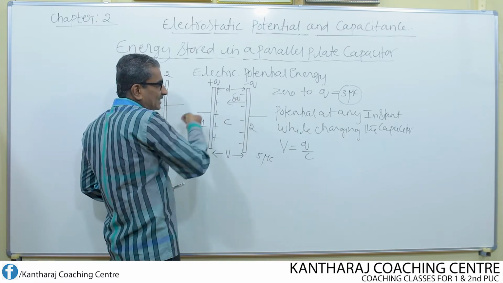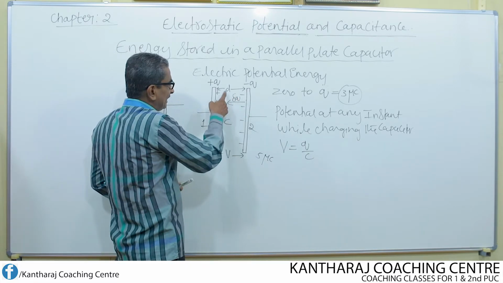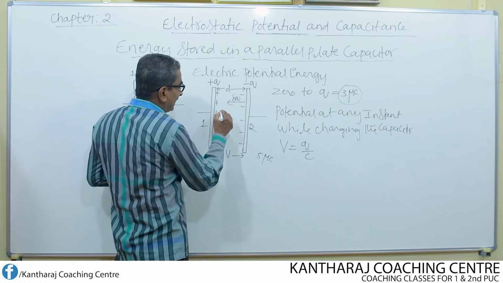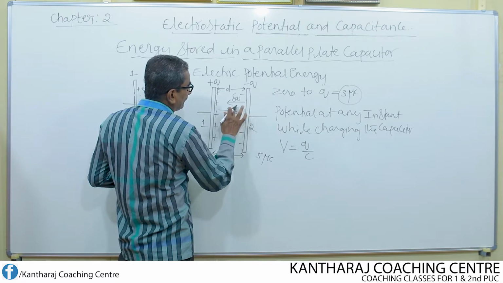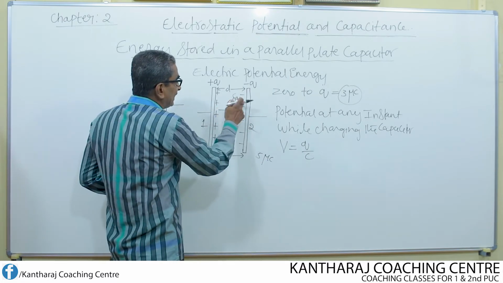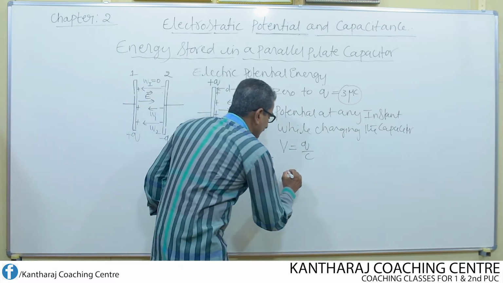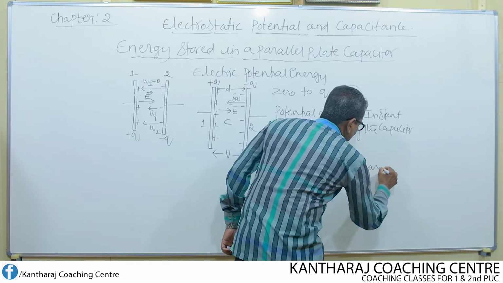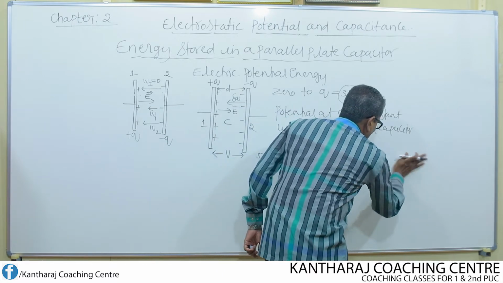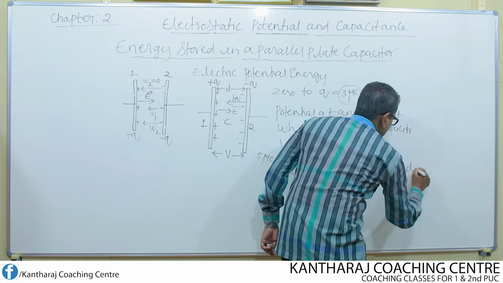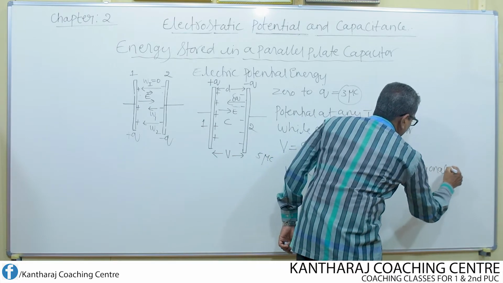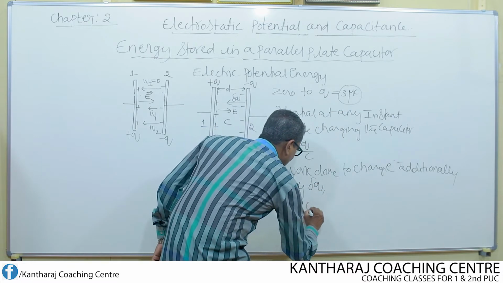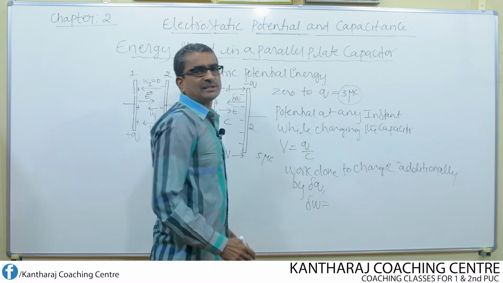So while removing extra charge delta Q, in order to charge this additionally by delta Q, work done against the electric field E is delta W. So remember this: work done to charge additionally by delta Q is given by delta W. How do you write this as?